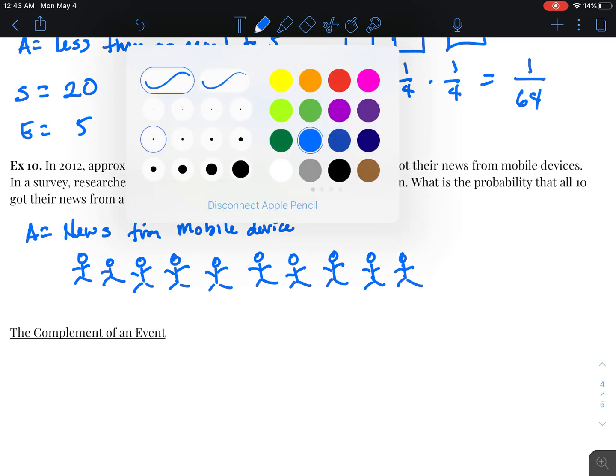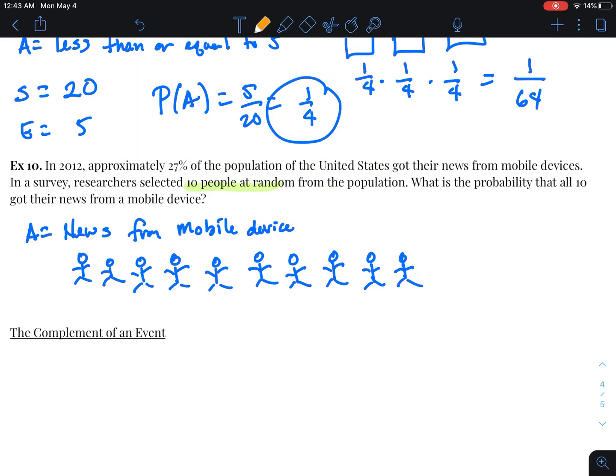So 10 people. It says here approximately 27% of the population got their news from a mobile device. So for each one that we approach, we've got a 27% chance that that person is using his or her mobile device to get the news.